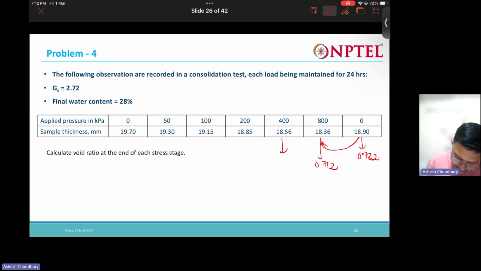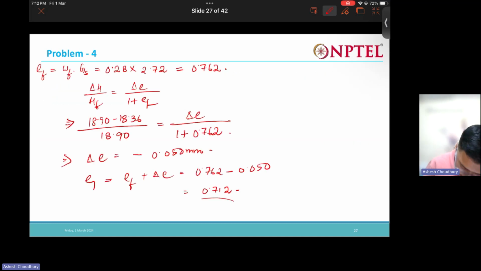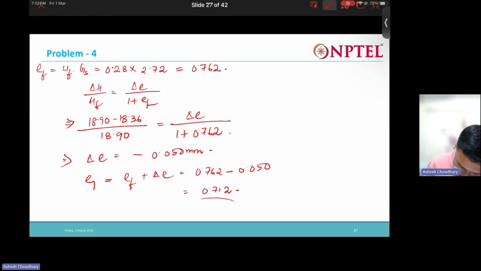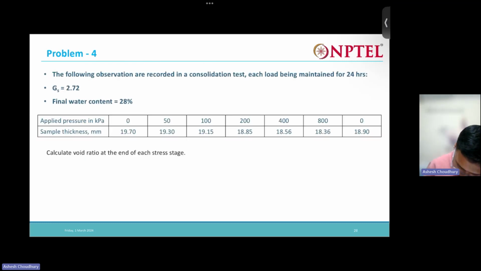Similarly for this we can find out. Either you can take these two or these two. So these two only I will take, 800 and 400. So let us see delta H. What is delta H? Let's take these two.